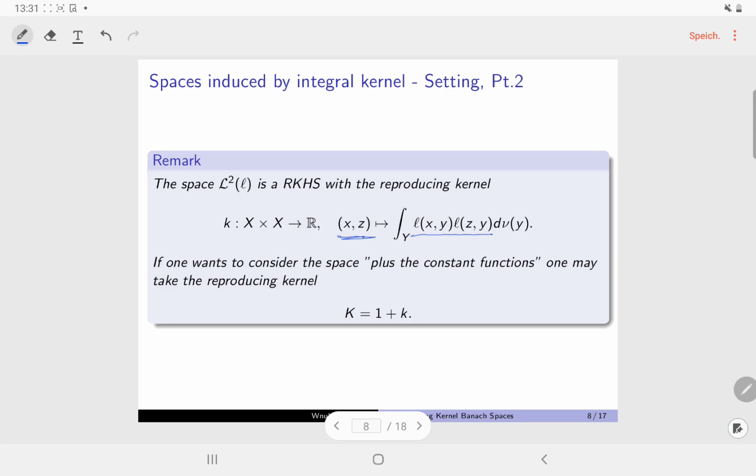Moreover, it may happen that L^2 of L does not contain constant functions, and we may always append them by adding 1 to the reproducing kernel. All right.